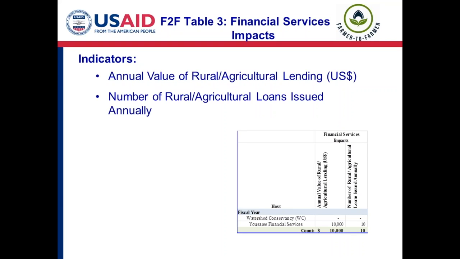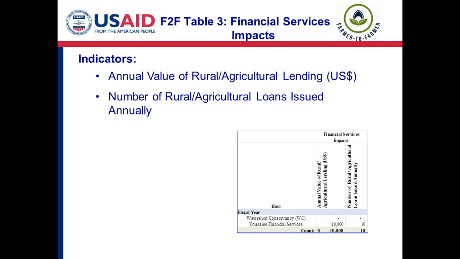The most important thing to remember about your financial services indicators is that these are only for host organizations that are issuing loans. If an organization receives a loan, that's fantastic, but don't report it here. It gets reported someplace completely separate.